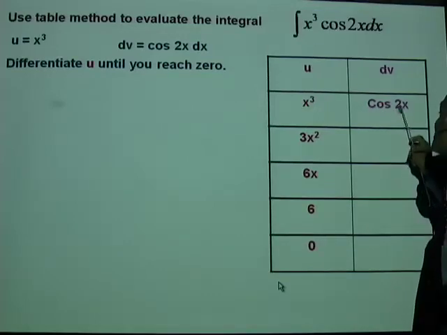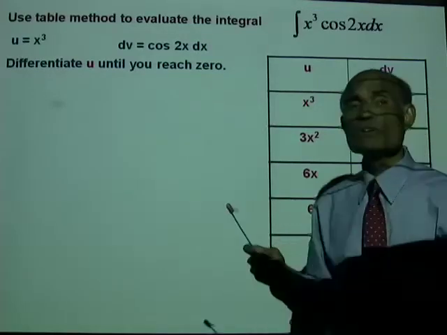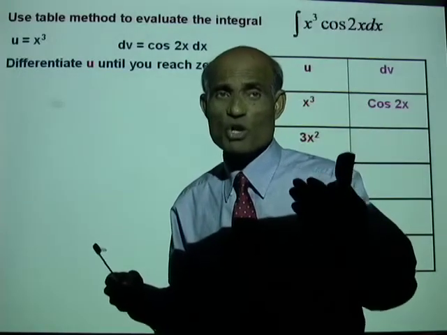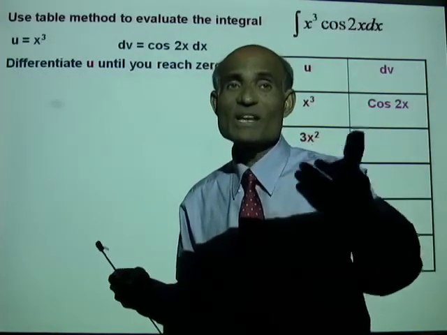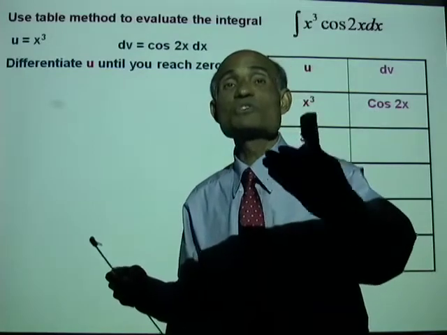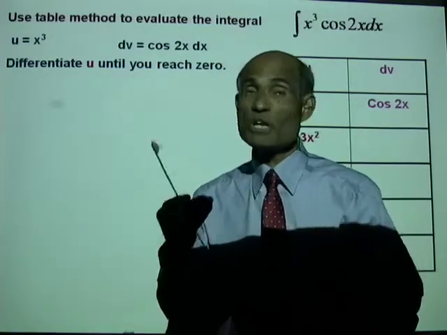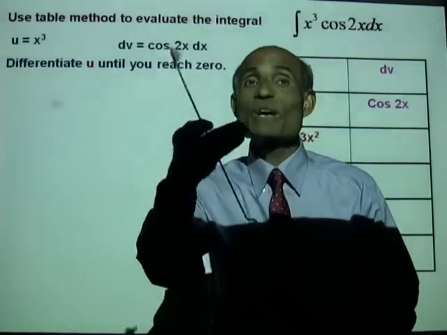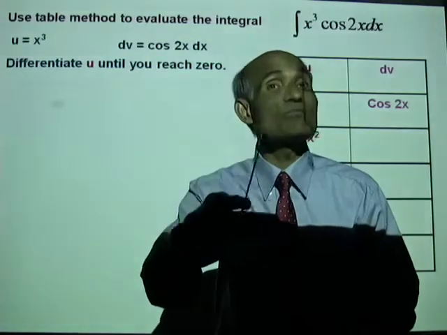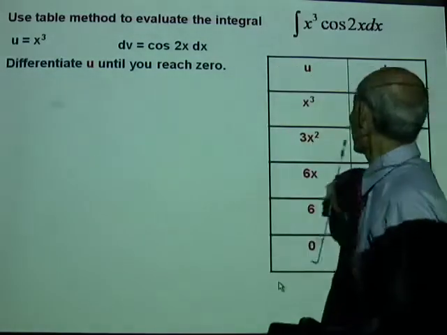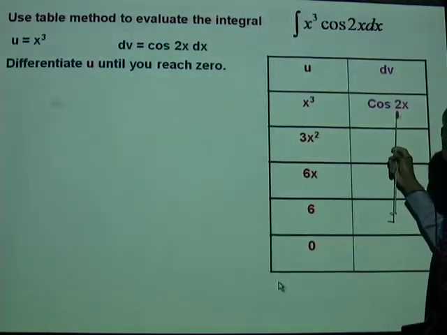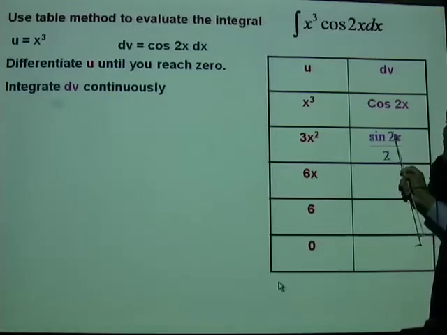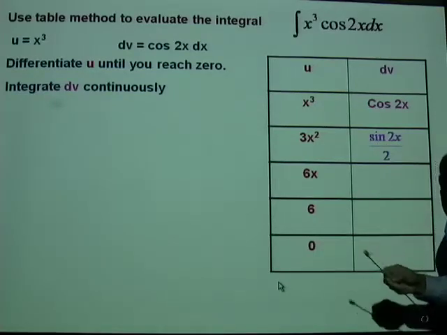The integral of cos 2x dx is sine 2x divided by 2. Remember, integrating cos will give you positive sine. Integrating sine will give you negative cos.